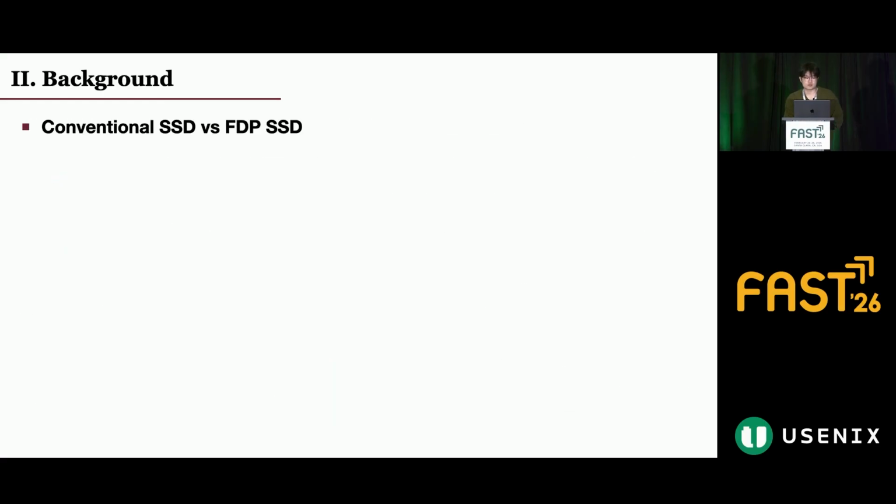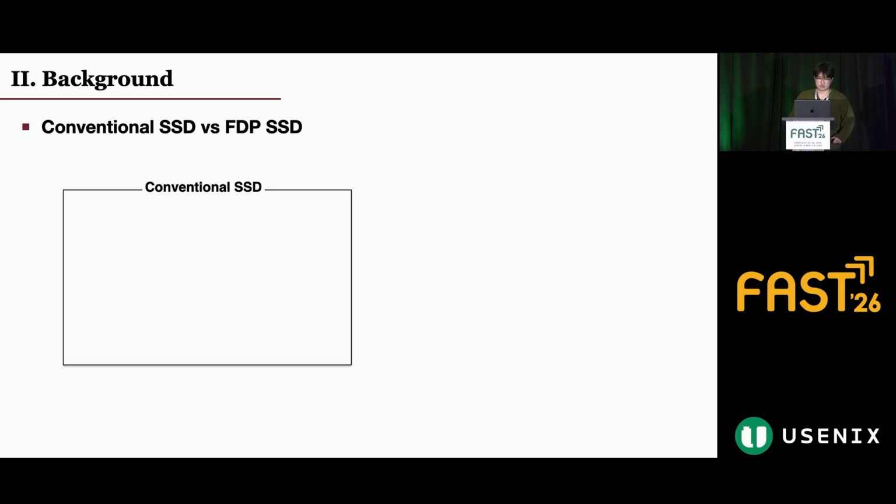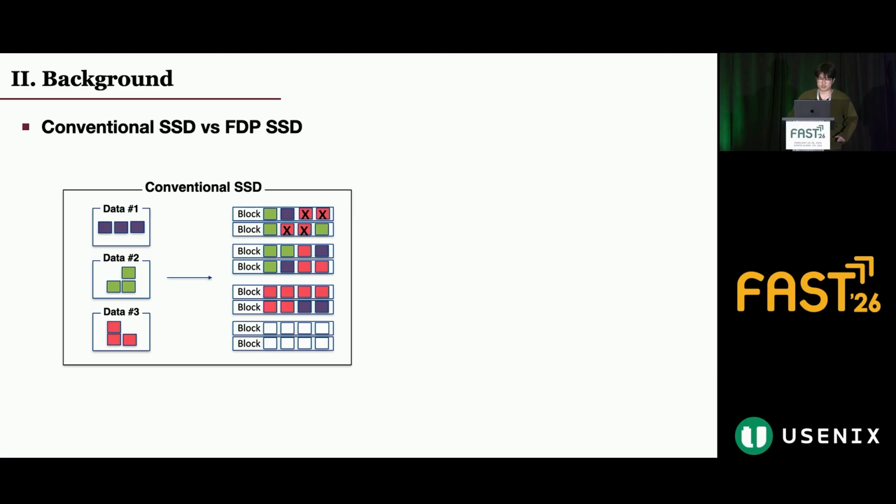Here's a brief comparison between conventional SSD and FDP SSD. The figure on the left shows the data layout of conventional SSD. Assume that the SSD has to serve different types of data. When serving different types of data, the SSD eventually places the data physically interleaved across blocks.